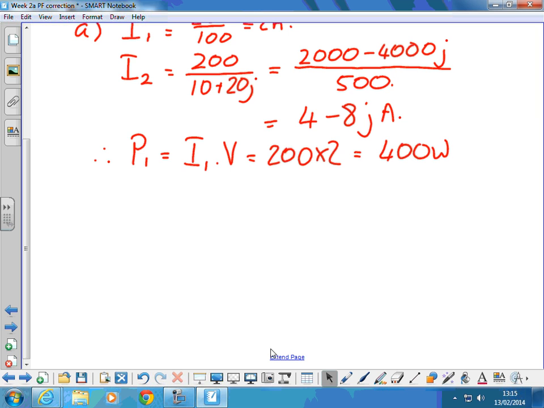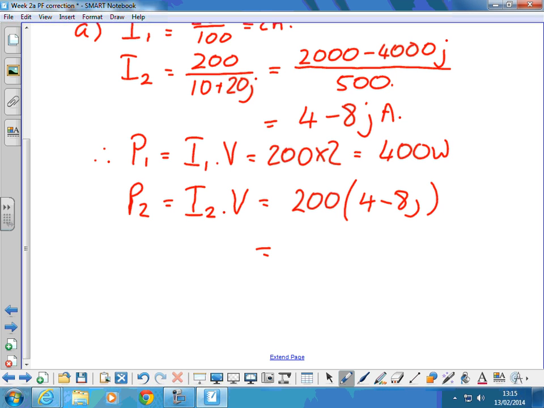P2 is I2 times V, that's 800 watts minus 1600 j var. Yeah, the j is important. Okay.